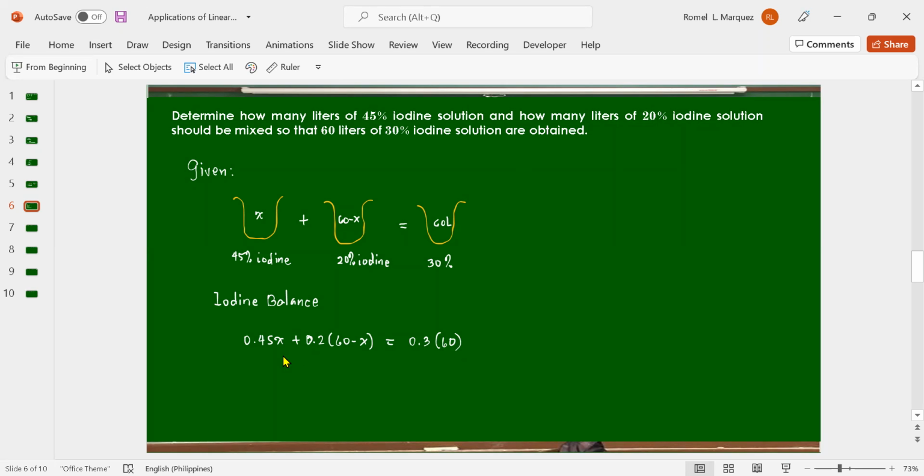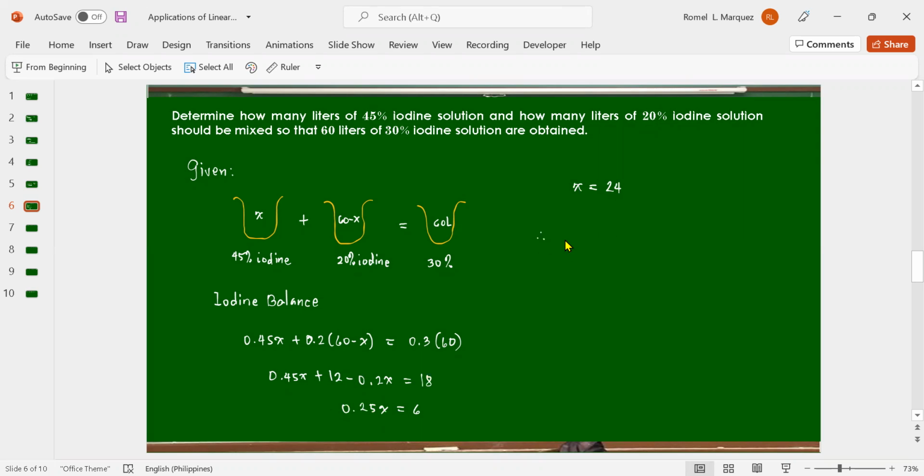So we now have 0.45X plus 0.2 times 60, that is 12, minus 0.2X, and that is equal to 0.3 times 60, so that is 18. Okay? So 0.45 minus 0.2, that is 0.25X, and that is equal to 6. So what is X, guys? 6 divided by 0.25, so that is 24 liters.